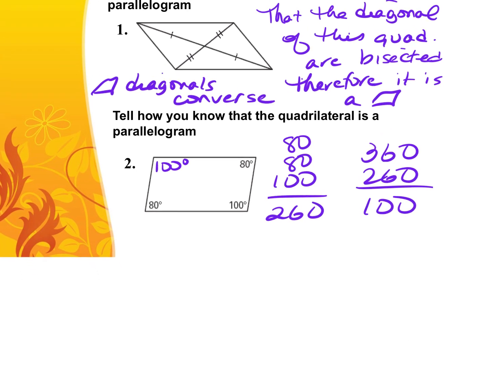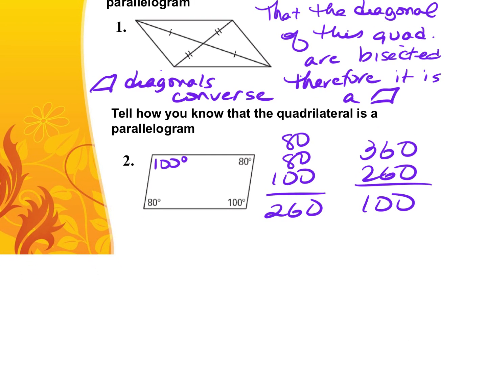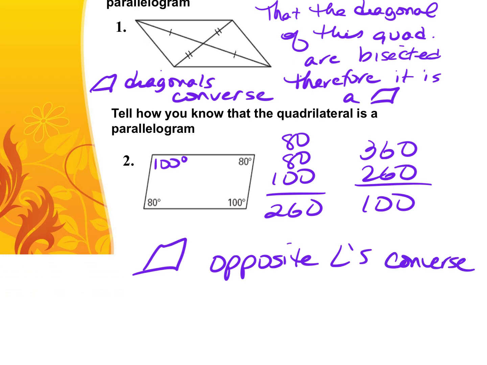So I can either use my parallelogram opposite angles converse, or I could also show that the consecutive angles are supplements. Either way. So probably the easiest one would be the parallelogram opposite angles converse. And what I just showed were that both pairs of opposite angles were congruent.